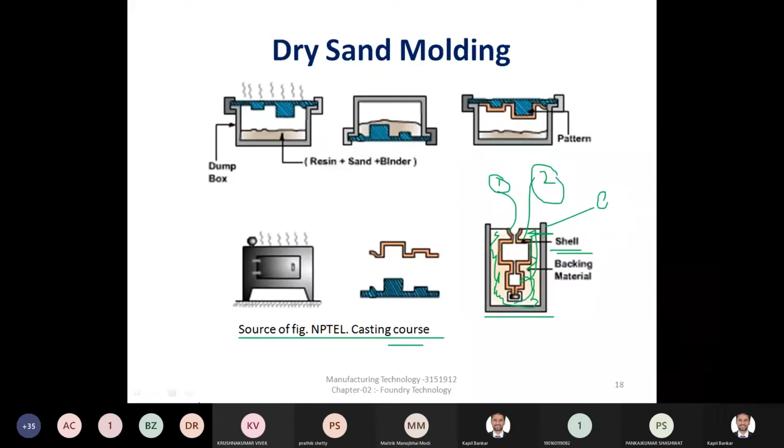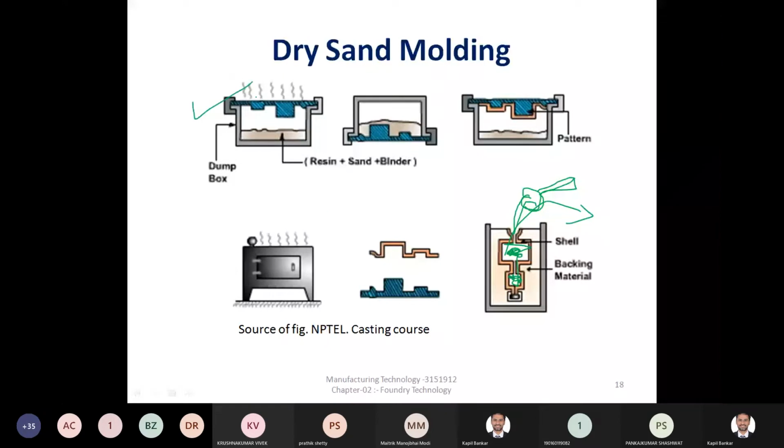Then pour the molten metal with the help of a ladle so that the mold can be filled up with molten metal, and after it solidifies you can destroy the mold and withdraw your final product.